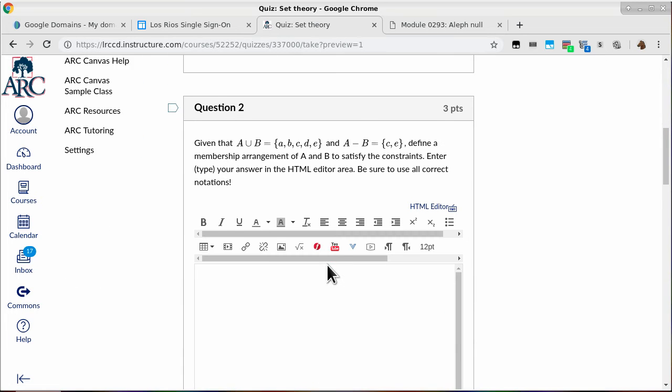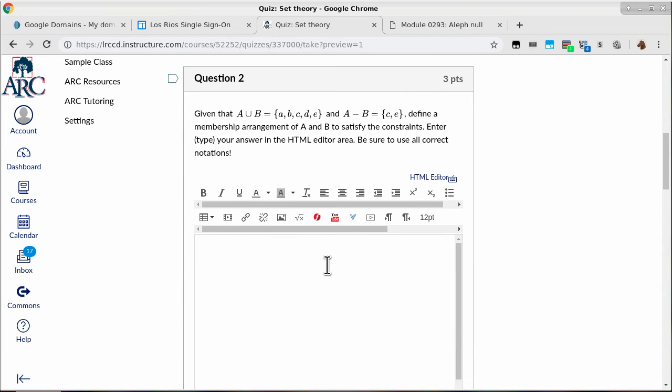And then question number 2 is something I have to grade manually. So it is giving you a constraint, okay? So the constraint says, uppercase A union with uppercase B has to come up with these 5 elements, okay? That's part of the constraint. The second constraint is if I look at everything in A but not in B, it will only be C and E. That's the second constraint.